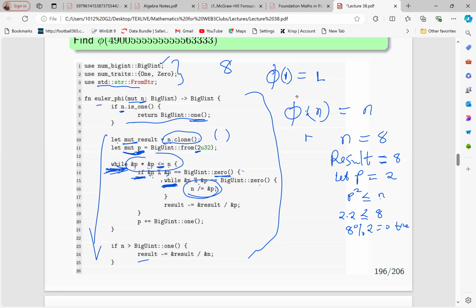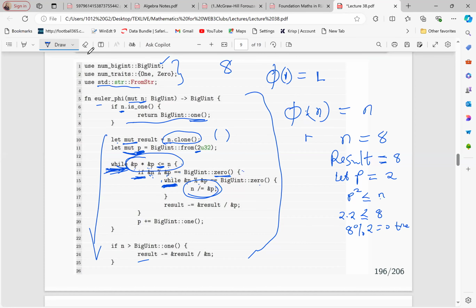So long as this condition is fulfilled, we continue being inside that loop. That's what the while loop means. And this other one is the if.